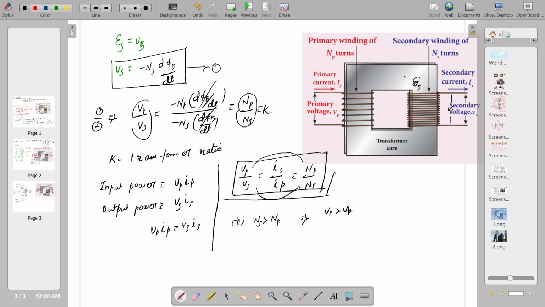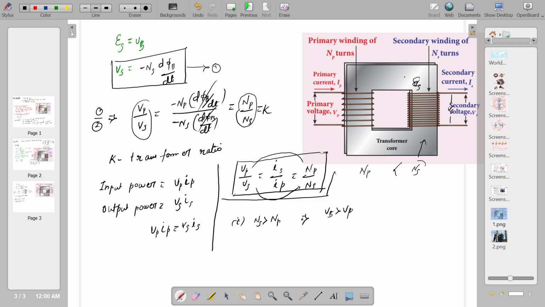Sorry, this is a correction. If Ns is greater than Np, then Vs should be greater than Vp. Sorry for the inconvenience. Looking at the same diagram, the turns look like concentric circles. Here Ns is greater than Np of the primary coil.